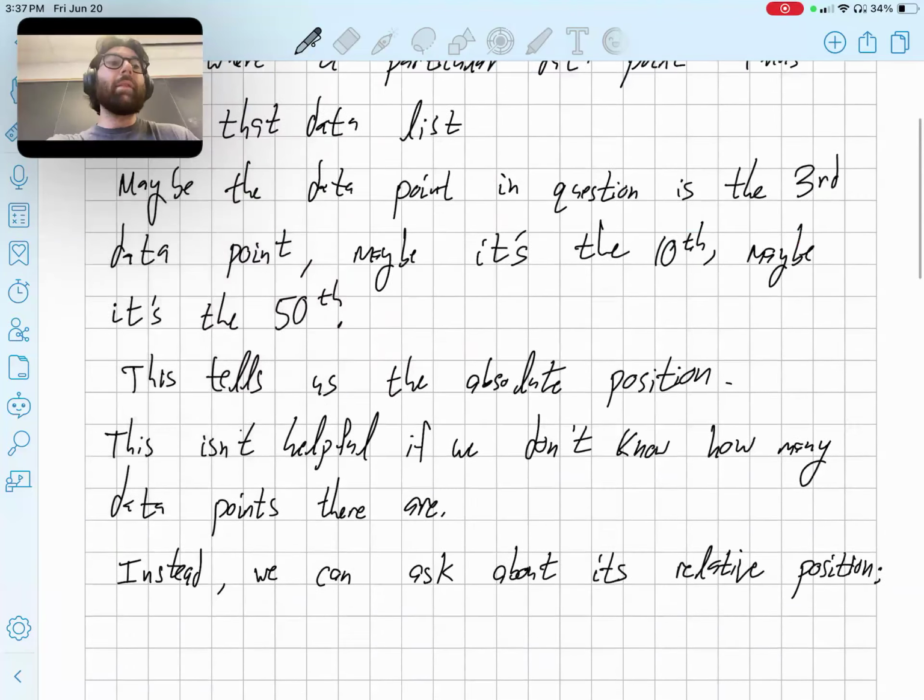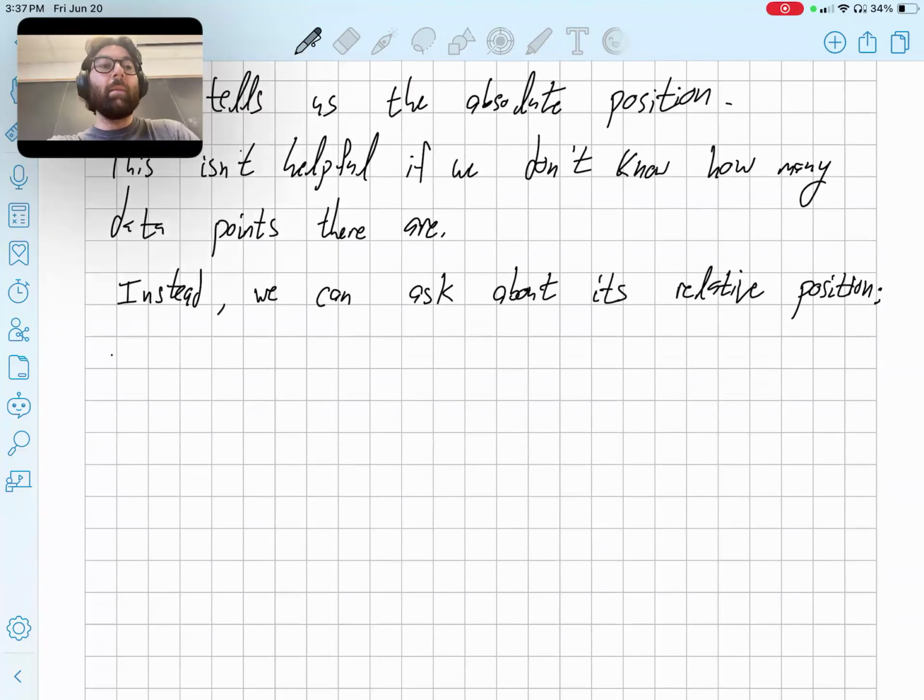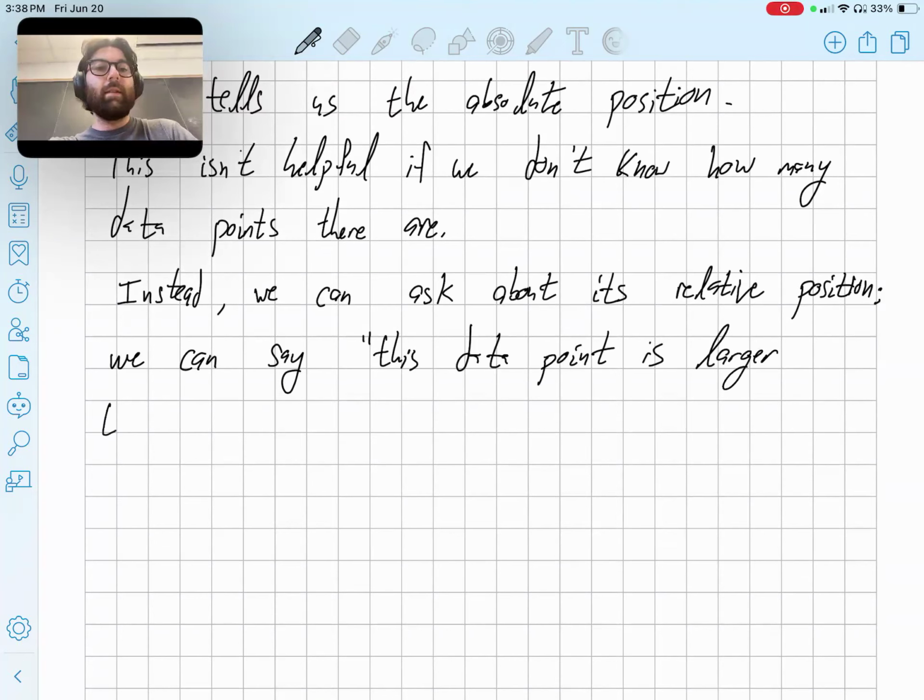So for example, instead of saying it's in 10th place, we can say this data point is larger than 10% of the other data points.